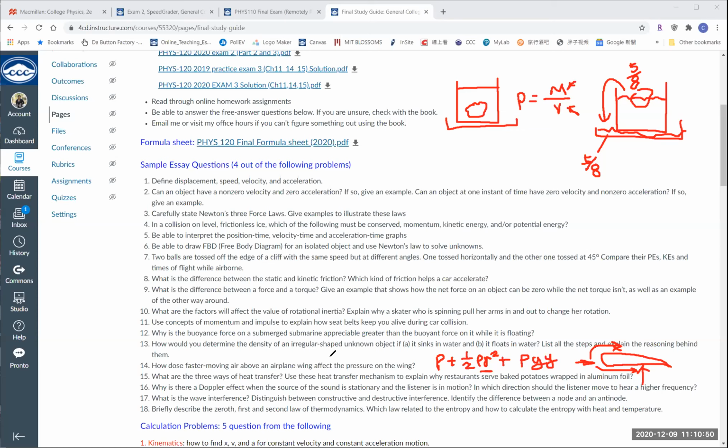Okay, number 15. Three ways of heat transfer. This is one of the questions that you did in the exam. Conduction, convection, and radiation. Conduction has to have direct contact, especially for metal, for solid. Convection is due to the bulk motion of the fluid, so the fluid is flowing at the same time to either carry in or carry out the energy.